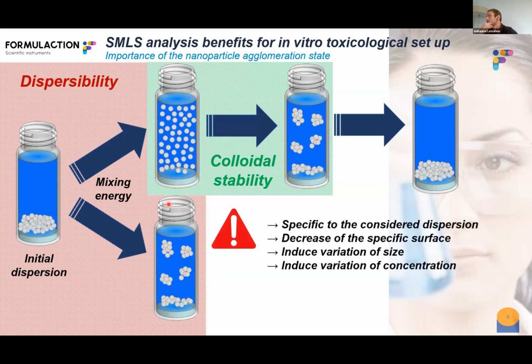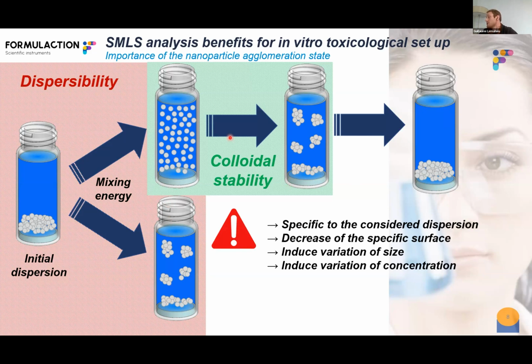First of all, this behavior is specific to the considered dispersion. If you change the particle or the dispersion medium, this behavior can change completely. With agglomeration, you have a decrease of the specific surface that will impact the toxicological analysis you want to do. It also induces variation of size and also variation of concentrations.